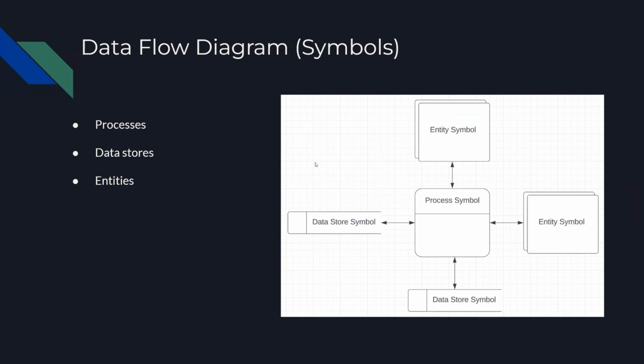So to start off with the process symbol, which is the one in the middle here, it's often referred to as a black box. The black box concept means that while the inputs, outputs, and general functions of the processes are understood, the internal details and logic remain hidden. So just as I explained previously.